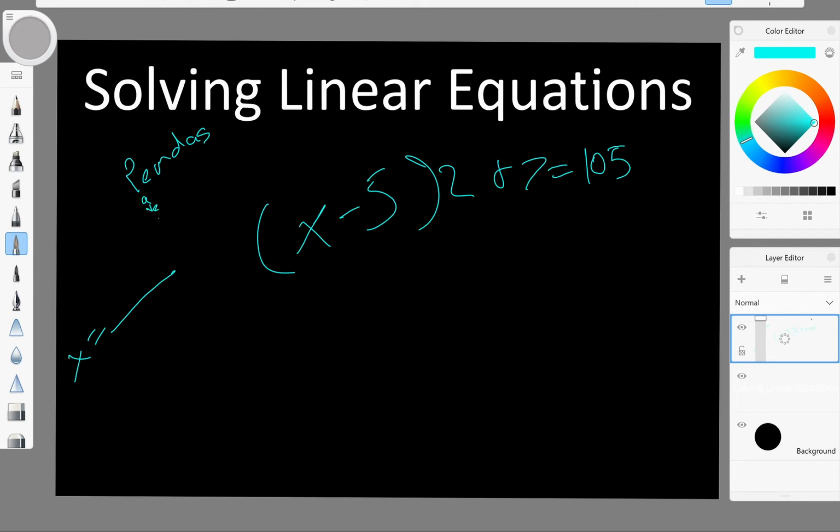Parentheses. Exponents. Multiplication, division. I'm just going to write their signs now. Addition and subtraction.